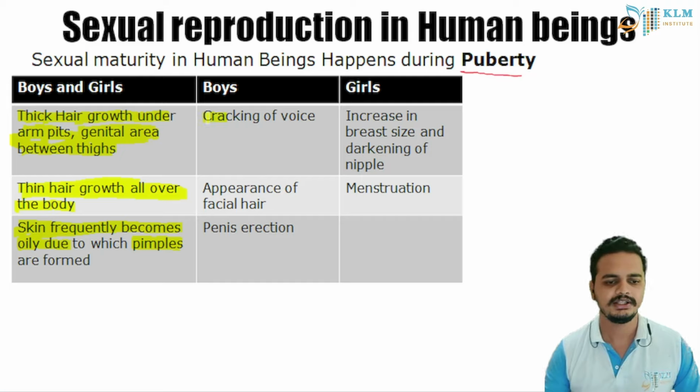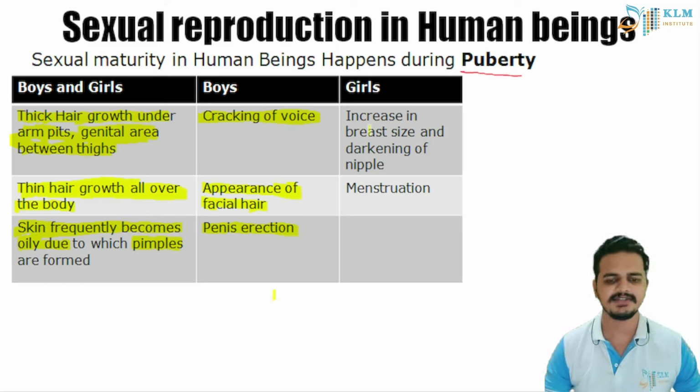Here, boys, you can see cracking of voice, usually during the puberty phase, and also appearance of facial hair, which is a beard or mustache. And sometimes during the day or night, you can see sudden penis erection. That we will get into when we look at the diagram of the male reproductive system.